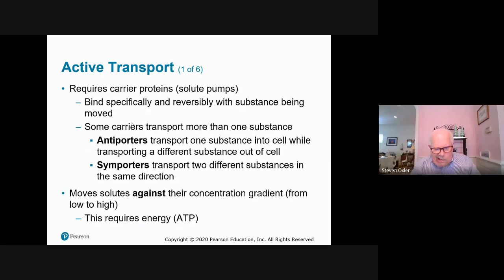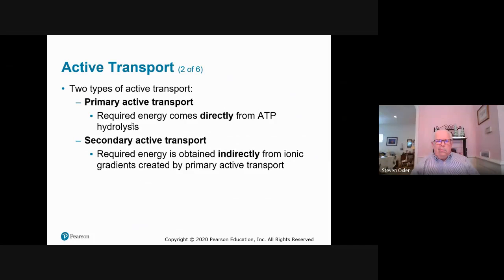In active transport, you're moving against a concentration gradient. You're now moving from low to high. So you need energy. And that energy is always ATP. There are two types of active transport.